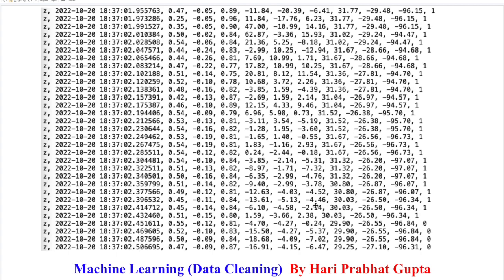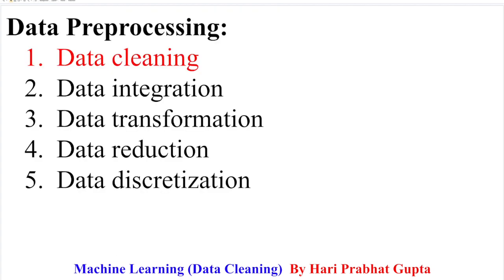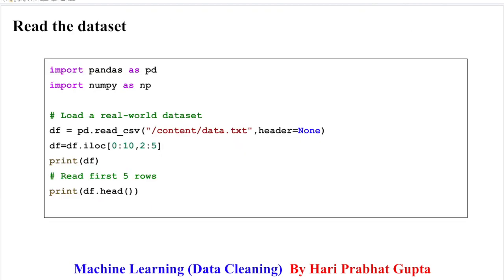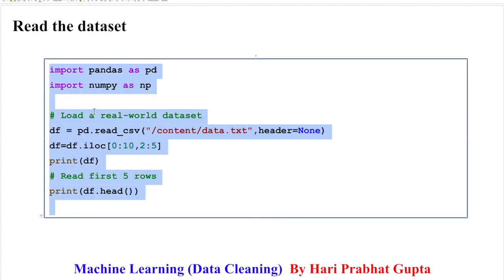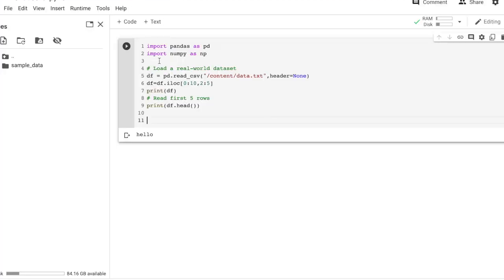So we save this file as data.txt. In all the remaining examples, we always call this file data.txt, and we do all these exercises. So here we copy this data, paste it here, and upload this file.